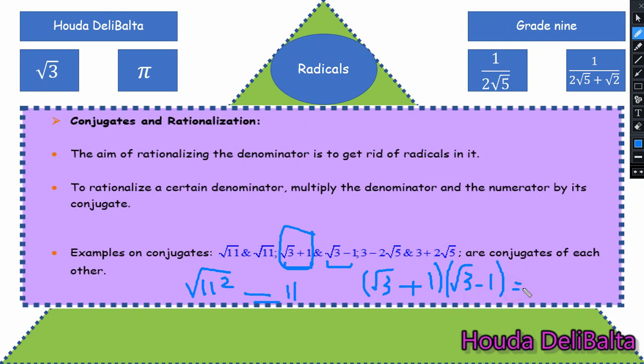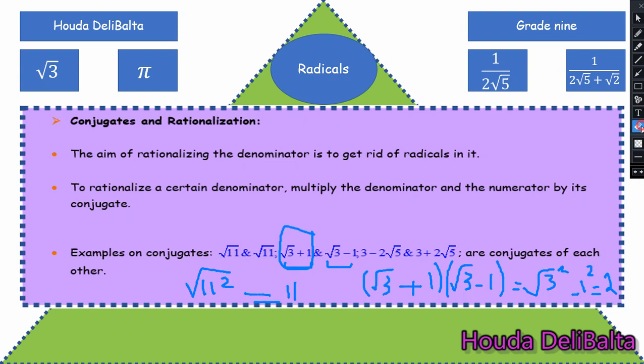We can take radical 3 squared minus 1 squared, which is 3 minus 1, definitely, which is 2. So as you see, the result is without radicals. So the aim of multiplying by a conjugate again is to search for a value that when multiplied with the irrational value gives a rational value without radicals.